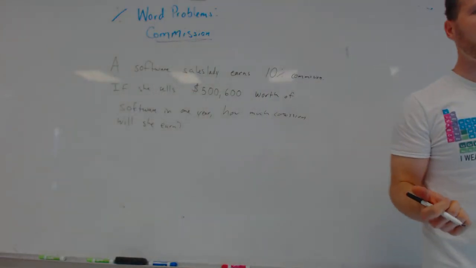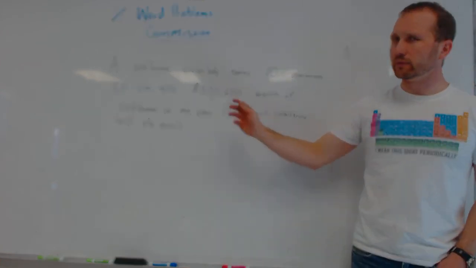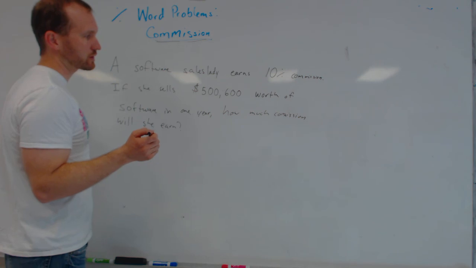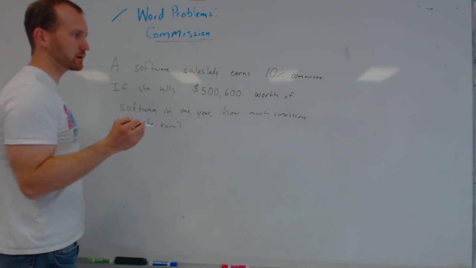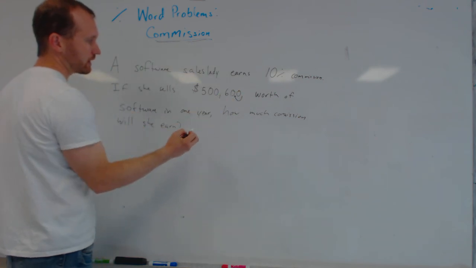So again, pretty straightforward. They're just asking us to take 10% of 500,600. What is 10% of 500,600? Just move the decimal place over 1, right? An easy percent.